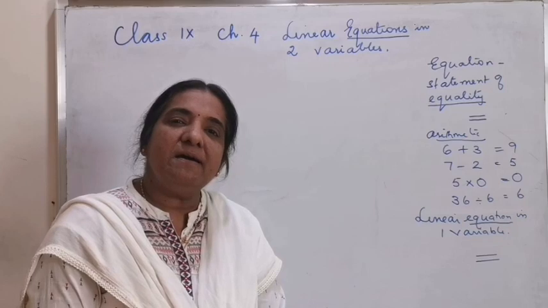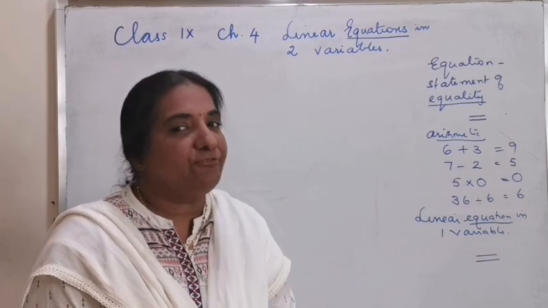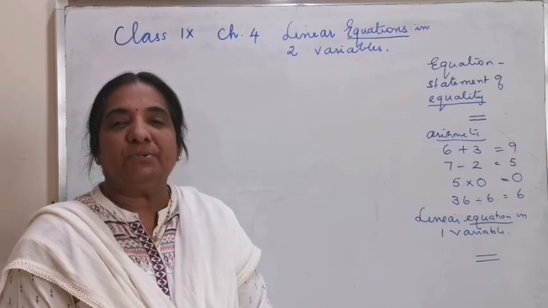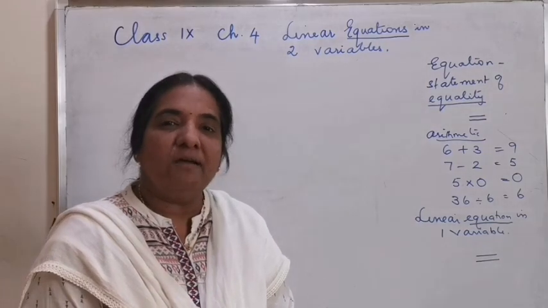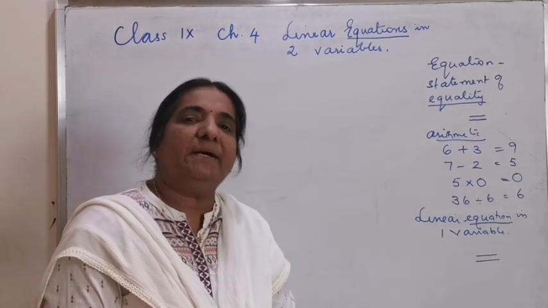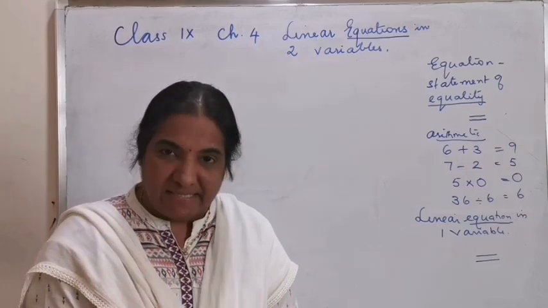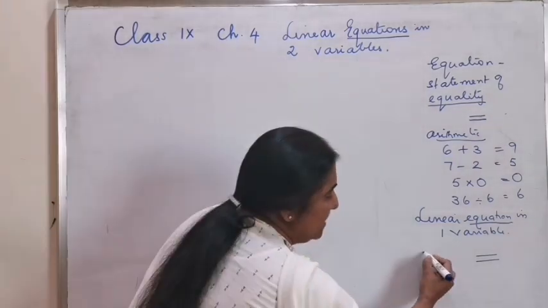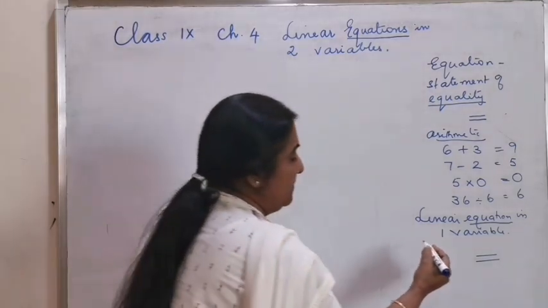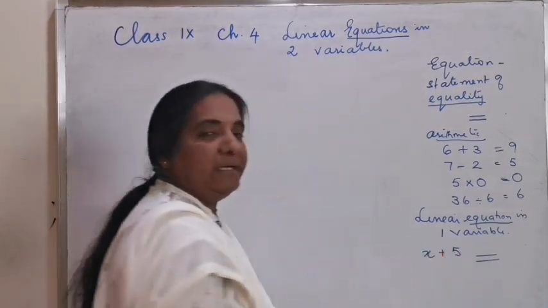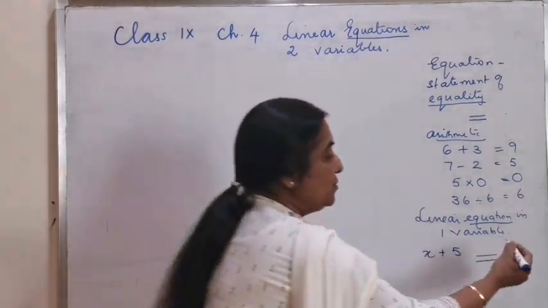A number added with 5 is equal to 12, or 5 added to a number is 12. How do you represent this? Let the number be x. 5 added to a number gives you 12.